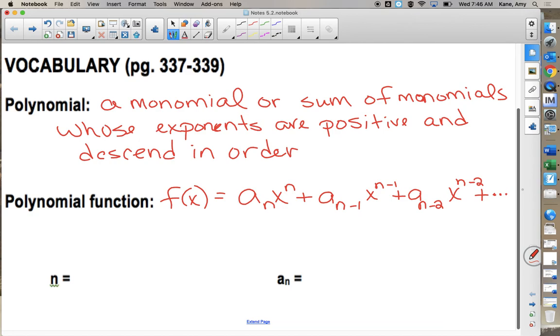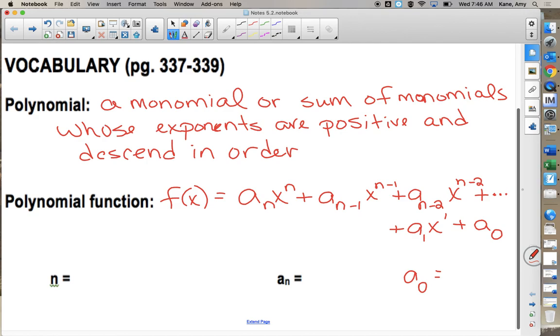So the little 3 dots just means it continues. And then it ends with the last power of 1, and then just the last term of a sub 0. And then underneath this, we'll talk about what these mean.